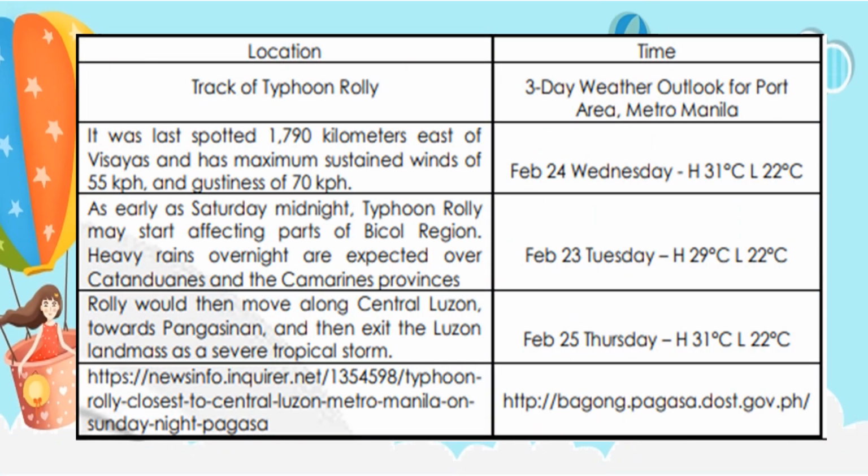Another is location. You're going to track Typhoon Rolly, where it was first spotted. And then time, you're going to organize the 3-day weather outlook for Port Area, Metro Manila. You're going to see the date or the day.